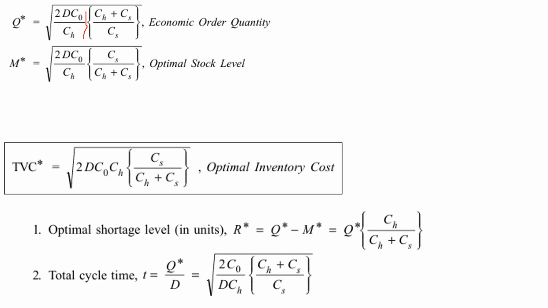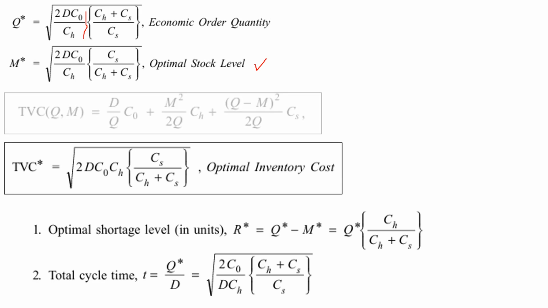And M star will become the root of 2D C naught by CH into CS by CH plus CS. This is M star, that is the optimal stock level. If you substitute these two, we will get the optimal total variable cost, that is the root of 2D C naught by CH into CS by CH plus CS. This is the optimal variable inventory cost.